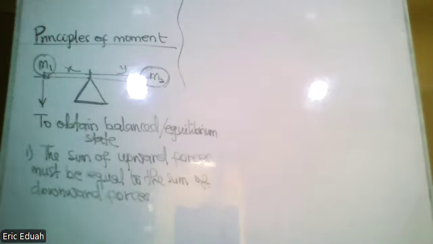This is one way we can obtain an equilibrium state. Sum of upward forces must be equal to the sum of downward forces.